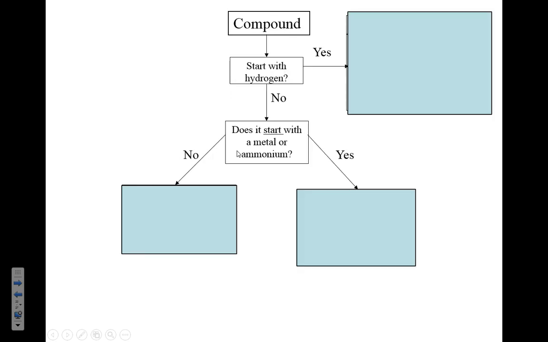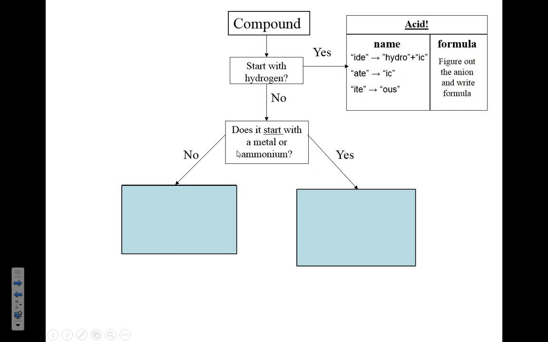Now, if it's a compound, we've got more things at work here. We've got more things to think about, and the systems of naming and finding formulas are more complex as well. So this is really the key to this chapter. Yes, there will be some elemental things you have to distinguish on the test, but there's going to be a lot more compounds. So the first thing we're going to look at is, does it start with hydrogen? Even though it was one of the most complex and the last thing we looked at, it's the first one we're going to rule out here.